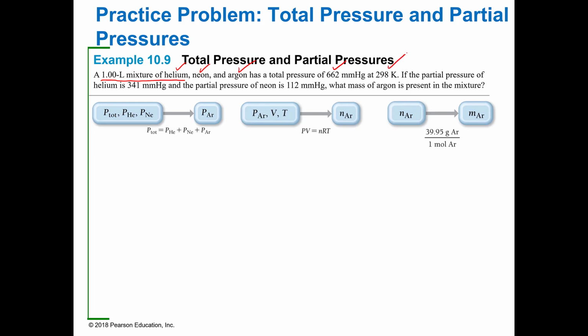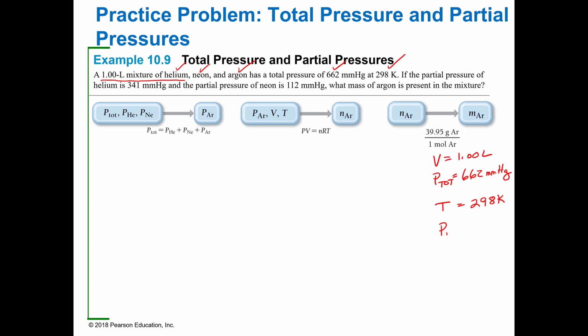All right, so I'm going to go ahead and start my inventory. I've got a volume of 1 liter. I have a total pressure of 662 millimeters of mercury. I have a temperature of 298 K, and then it tells me the partial pressures.